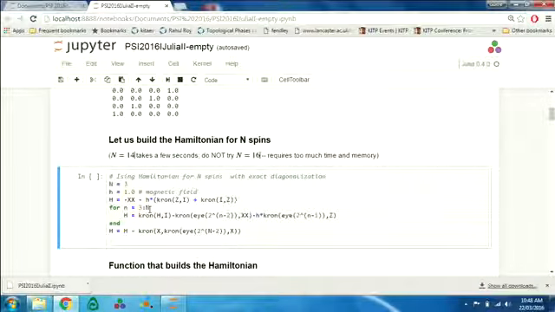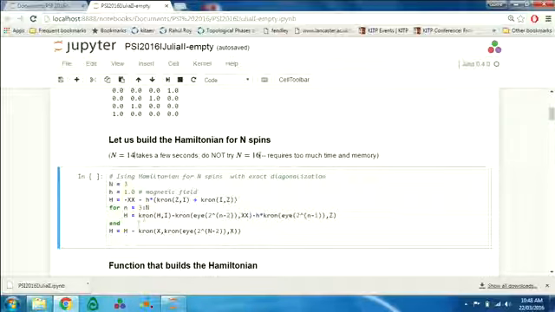So this is what we have under let us build the Hamiltonian for n spins. First, H will be the Hamiltonian on two spins only. We put the xx term and also magnetic field on the two spins. That's what this line is doing, and we did this yesterday, so no surprise there. And now we are going to iterate from n equal to 3 to total capital N. We are going to add one spin at a time.